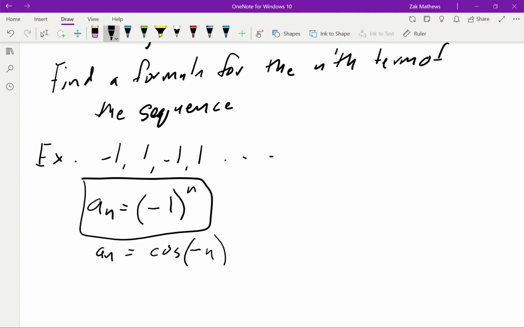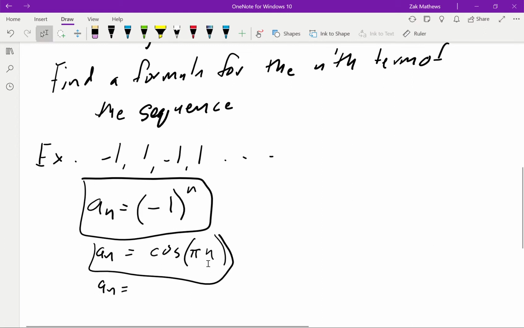I need this to be some sort of pi n, because cosine of pi or 2 pi or 3 pi or 4 pi, those are what give me the ones and the negative ones. Now, if I plug in n equals 1, that gives me cosine of pi, which is equal to -1, perfect. And 2 pi would be equal to a positive 1, very good. 3 pi, so this one would work as well. We notice how I'm always checking that I am getting that first number right.